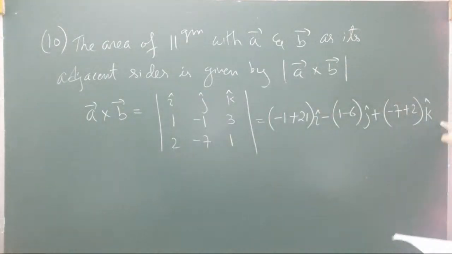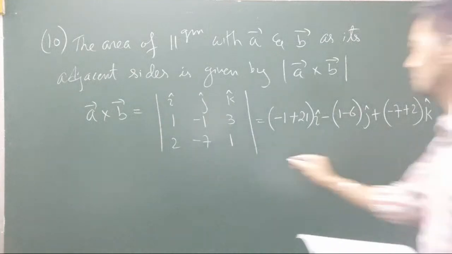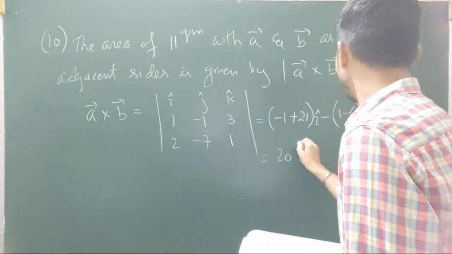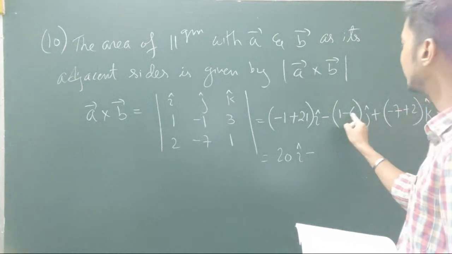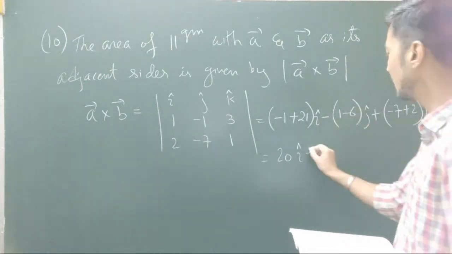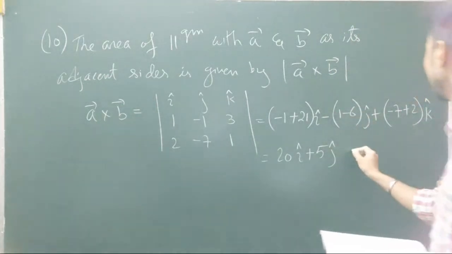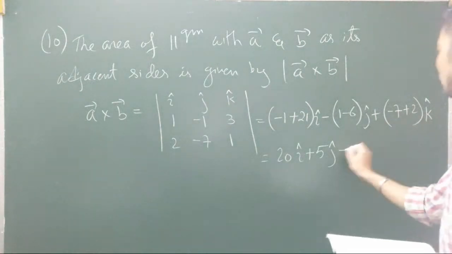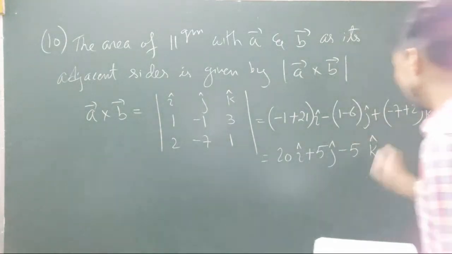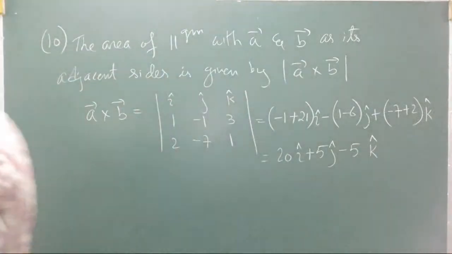I hope you can see, right? So that's going to be minus 20I plus 5J minus 5K. So A cross B, we have that.